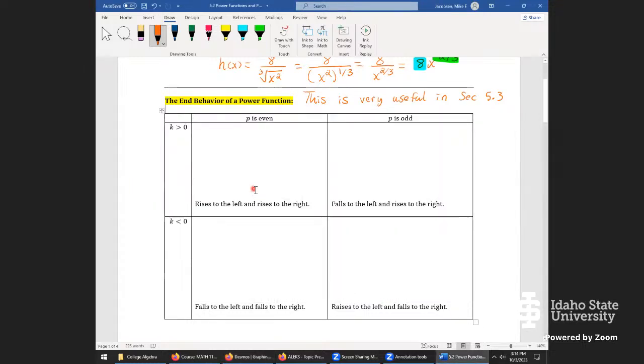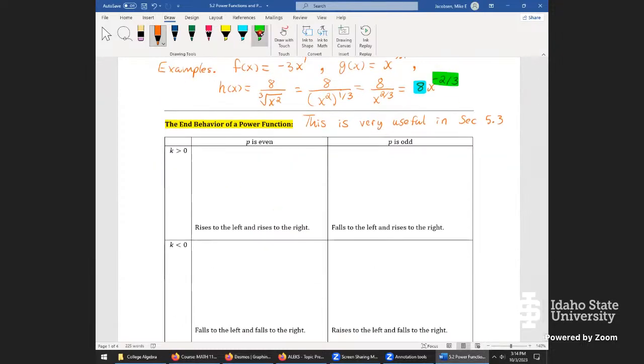And now you can think of this table as being really just an overall cheat sheet to this. On one column, you're only considering when p is even. That means essentially the arrows are going in the same direction. And if k starts out positive, the graph is going to look something to this effect.